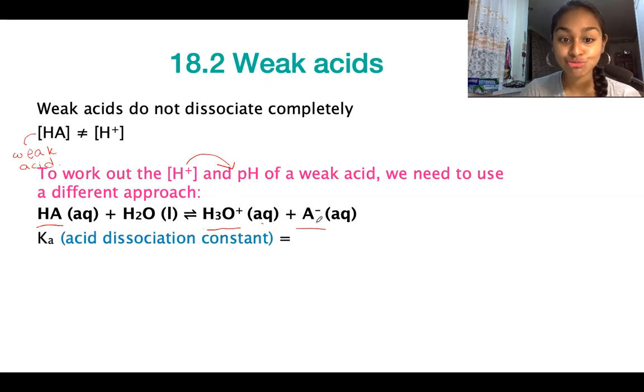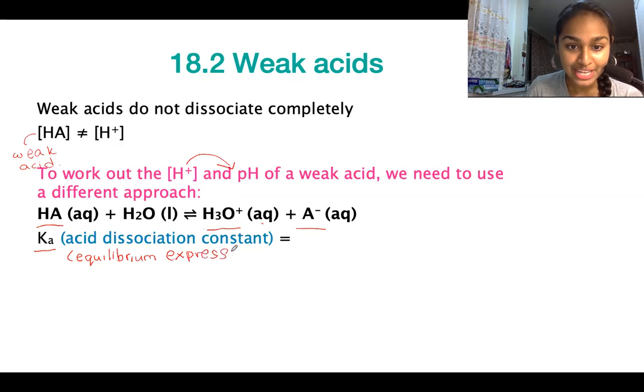If I was to write the acid dissociation constant, which is Ka, remember this is also very similar to the equilibrium expression. Let me just write that down. When we do an equilibrium expression, a bit of a throwback to topic 7, we always do products over reactants, right? So it's going to be H plus A minus at the top.